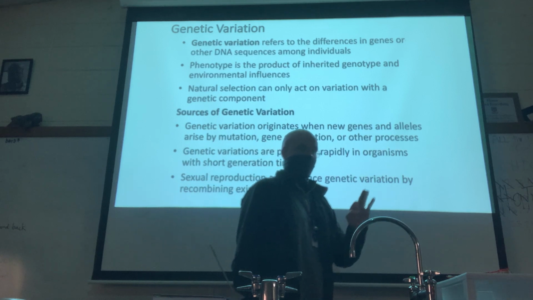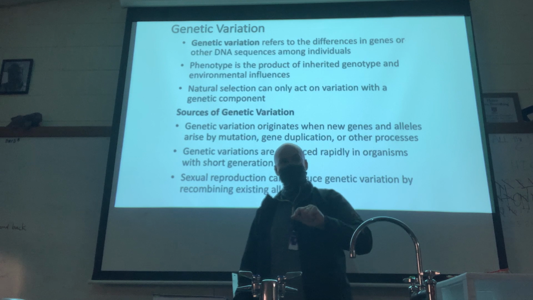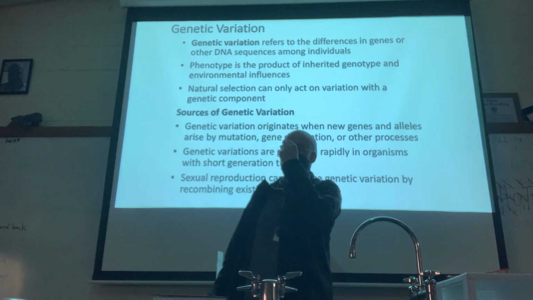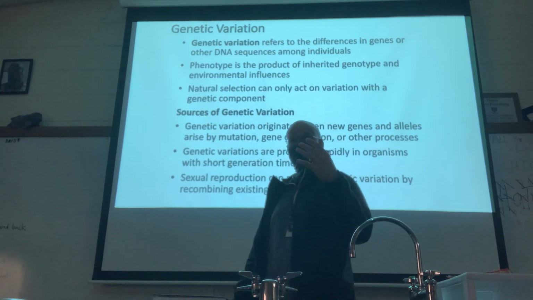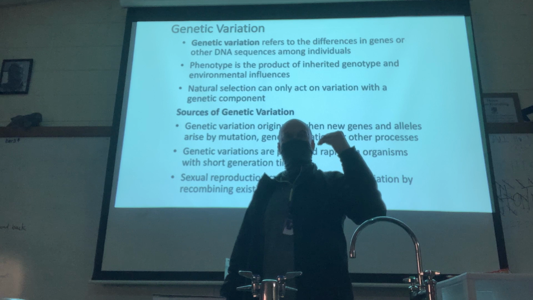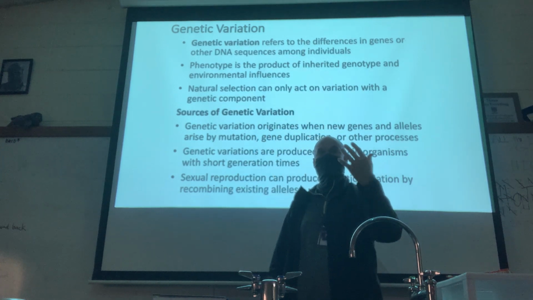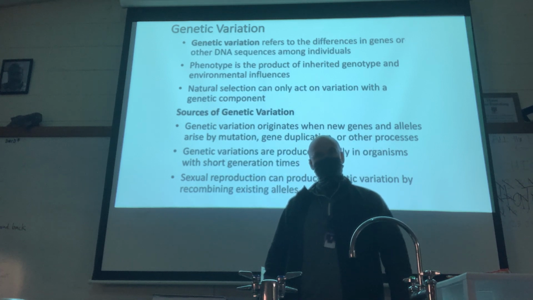You want to have as many sources of different alleles for a trait as you can have in your population. And why? What is good? Why is a population more extinction resistant if you have variation versus if every individual is a clone of every other individual?